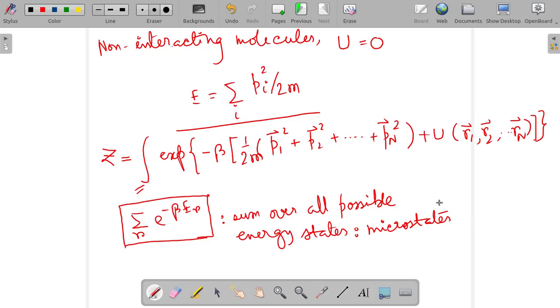So basically what we do is we consider all possible microstates. এইবার এই microstateকেই graphically we represent microstates by different points in the phase space. This is for one dimension.